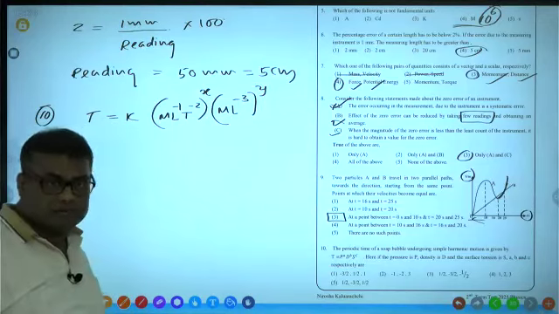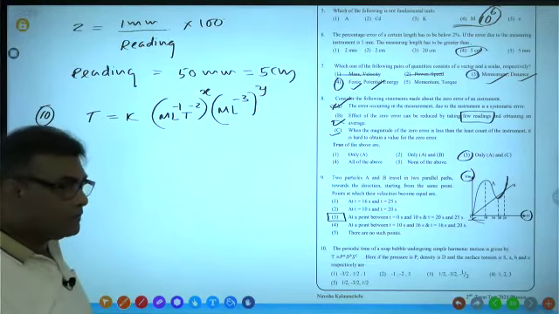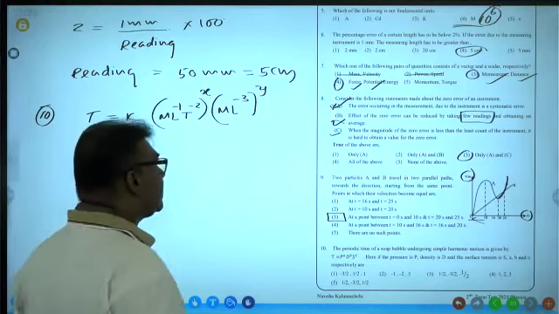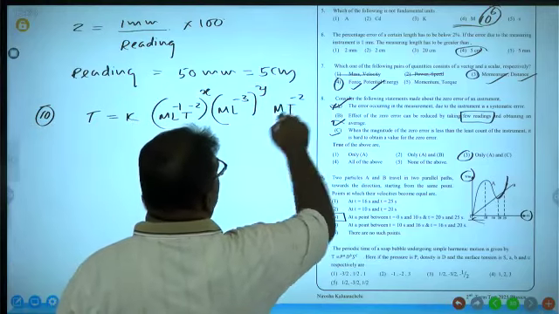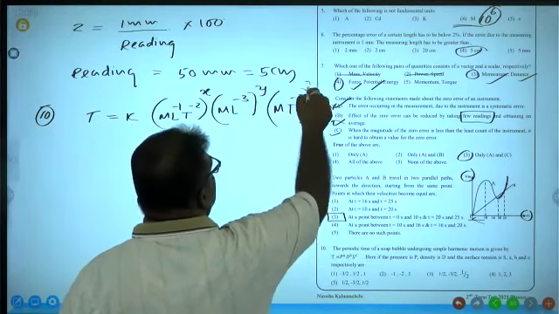Dimension of surface tension is the same as spring constant, right? Spring constant MT^-2 to the power of z.